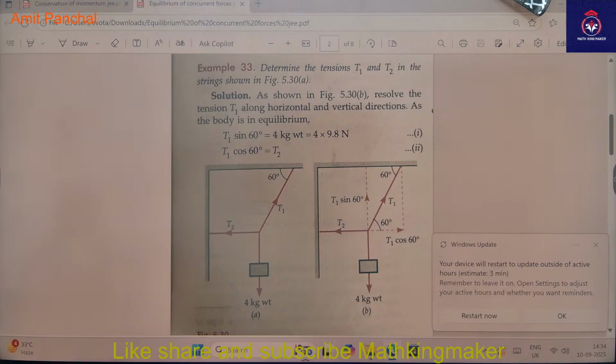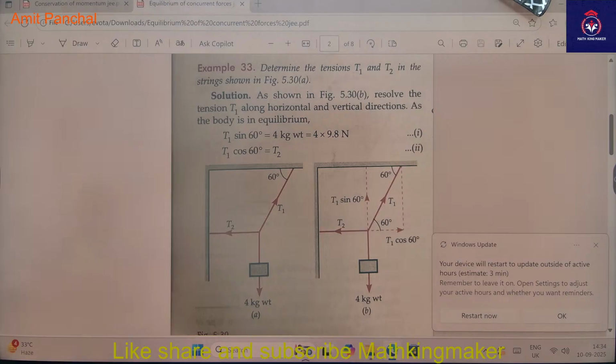Just use the calculator. Not allowed to use calculator. 40 divided by root 3, with root 3 as 1.732, this will be 23.1.